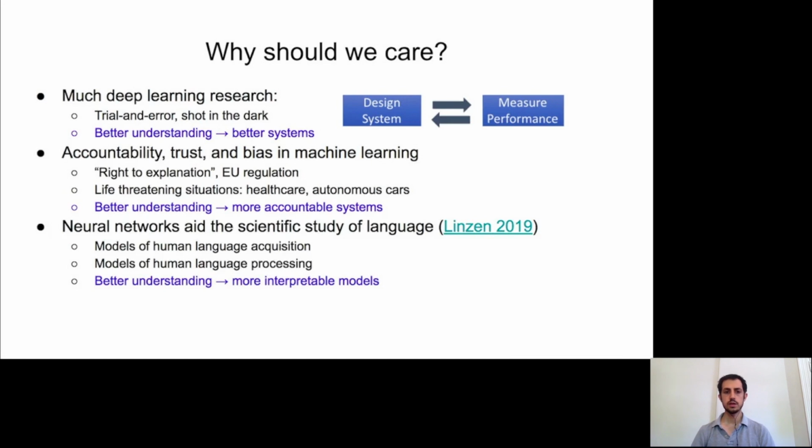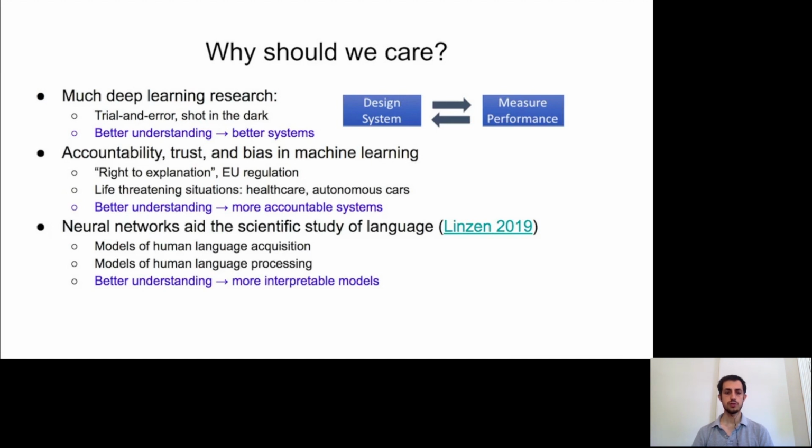And lastly, neural networks can also assist in a more scientific study of human language and answer questions about modeling how humans process and acquire language. Tal Linzen has a nice overview paper about how neural networks can assist with such inquiries. Broadly, we can think of these models as models of language acquisition, if we're thinking of training them, or of language processing, if we're thinking of testing and evaluating their behavior on some tasks.